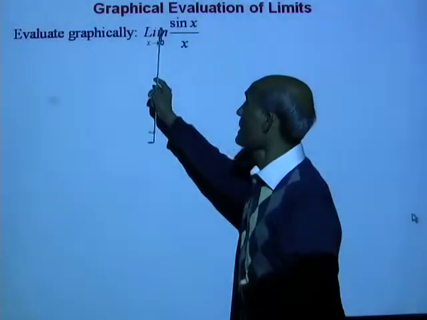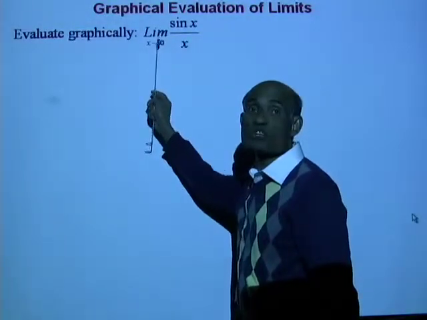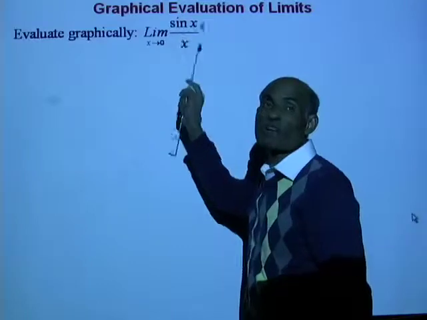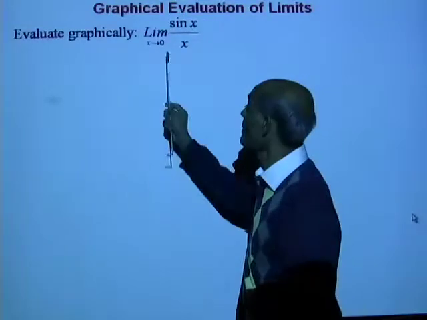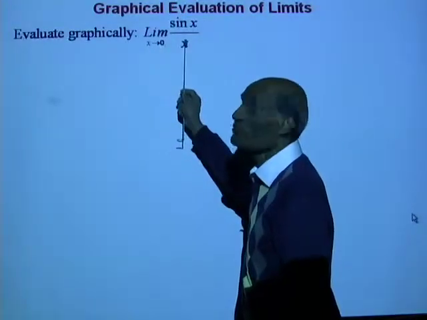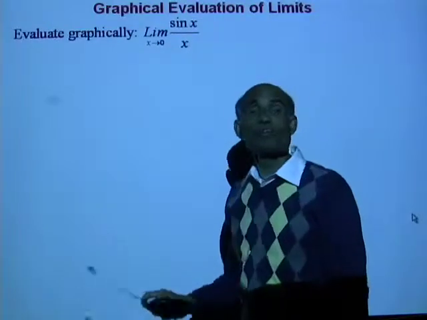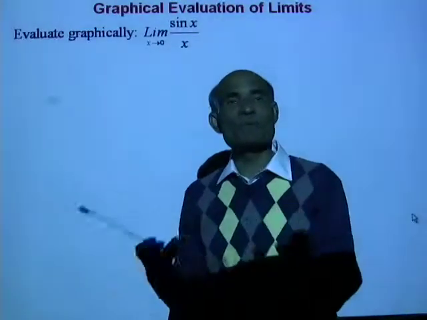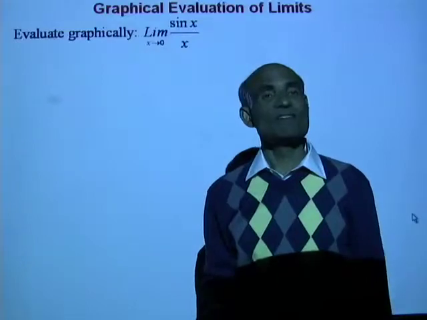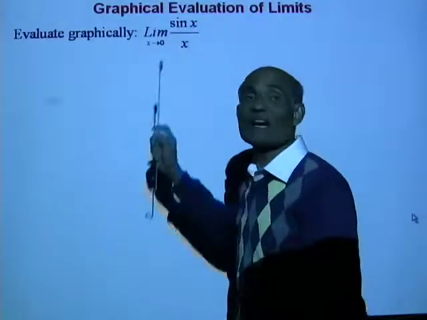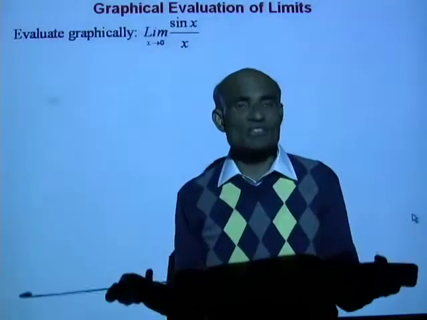For example, limit x approaches 0 of sine x over x. Now, if you replace x by 0 here, will you get a meaningful output? No. So it looks like this limit does not exist.